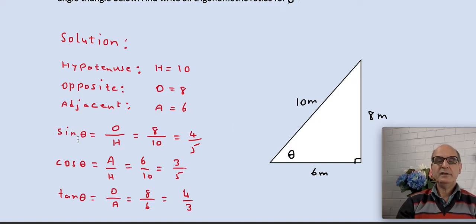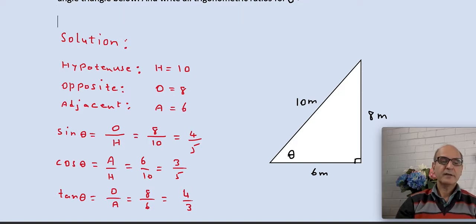Now, sine is opposite over hypotenuse. So sine theta is opposite over hypotenuse, and opposite was 8 and hypotenuse was 10. So 8 over 10, and you can divide the top and the bottom by 2 as you can do with any fraction to get 4 on 5. So sine theta is 8 on 10 or 4 on 5.